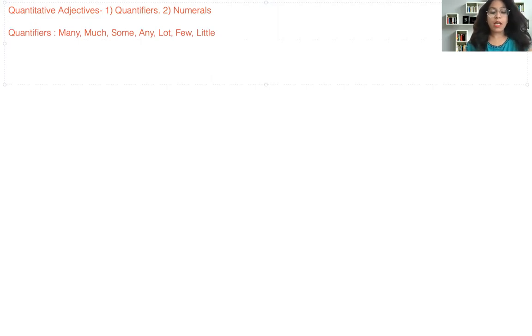So if you write, he has bought many dresses from the shop, here the word many precedes the noun dresses. That's how it becomes a quantitative adjective or a quantifier.